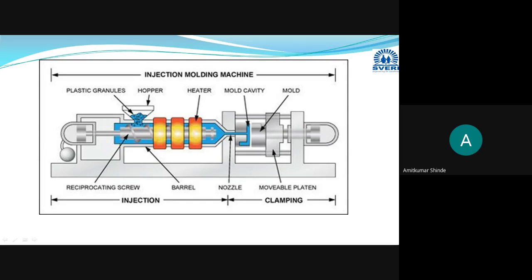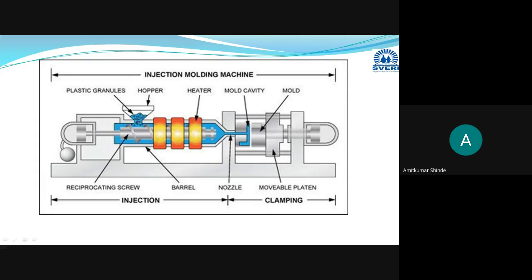Almost I have explained it, but stepwise I will again repeat this part. I have provided sufficient time to draw this diagram. Next slide. I will go to the next slide and again explain it with the help of this diagram only.